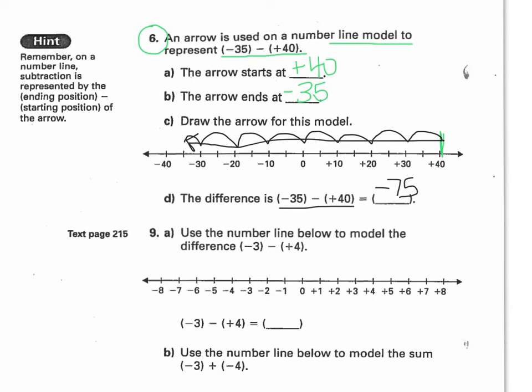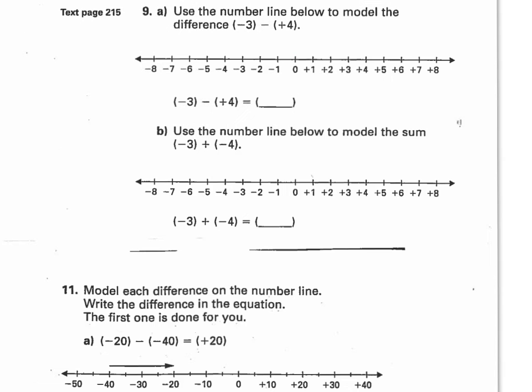Here are your homework questions. For 9, you are going to use the number line below to model the equation -3 minus +4, and then give an answer.